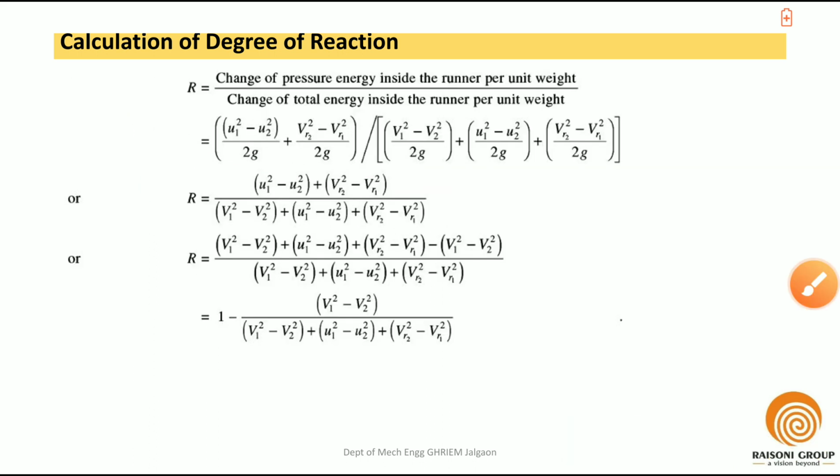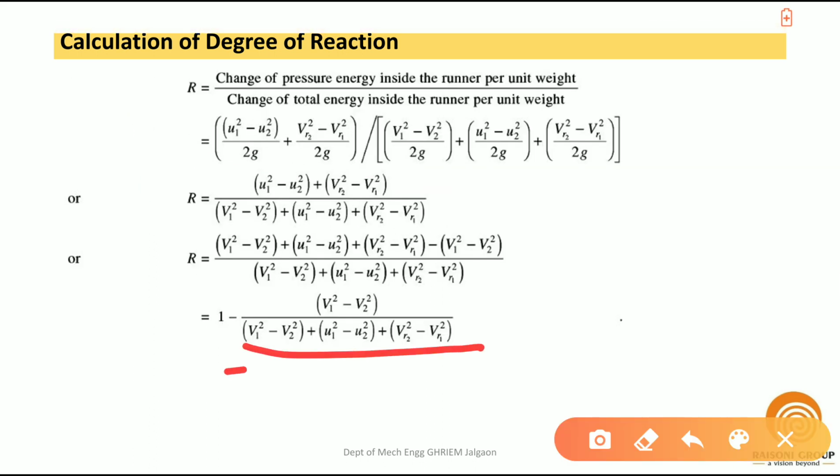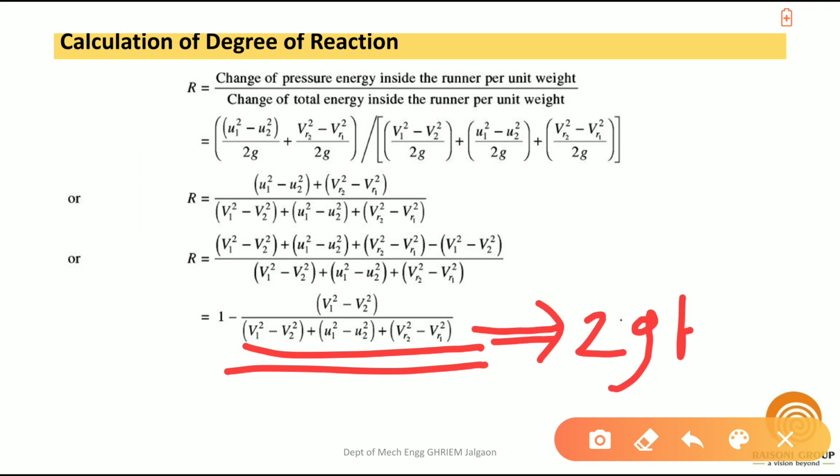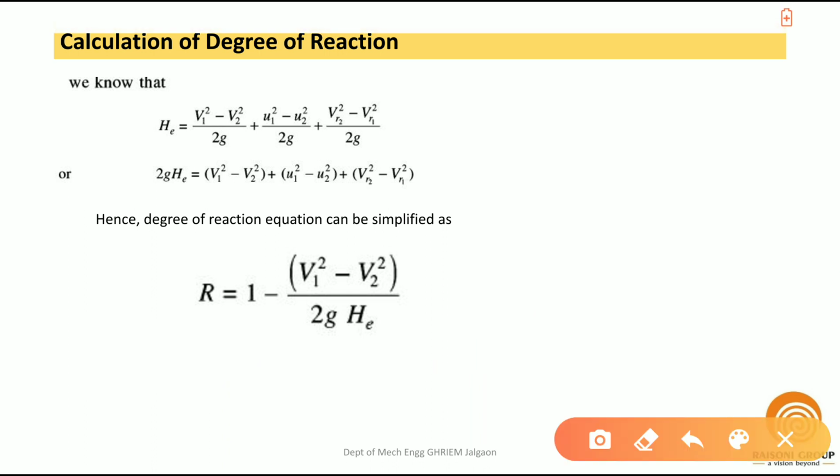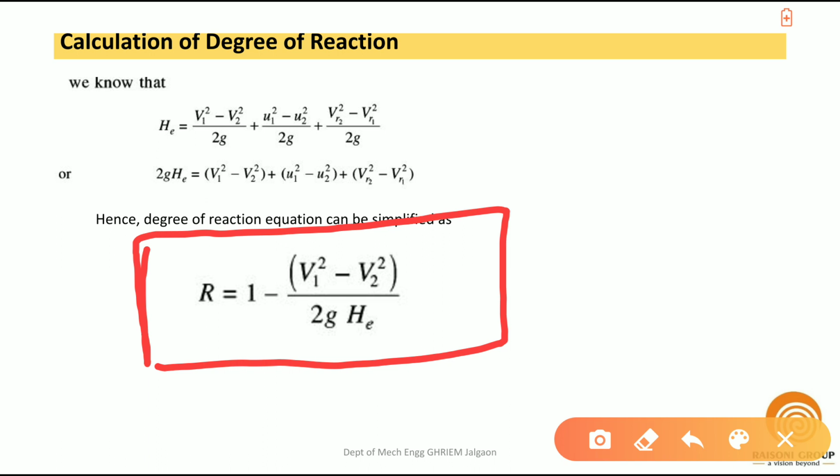So in the previous equation we can substitute 2g HE, and the degree of reaction equation is simplified: capital R is equal to 1 minus V1 square minus V2 square divided by 2g HE. So this is the expression for the degree of reaction in the case of the reaction turbine.